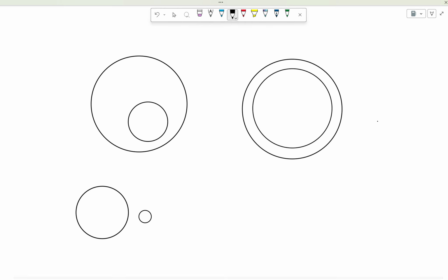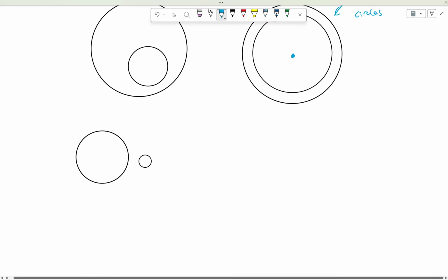Ah, there we go. Now, this one is fun. This guy shares the same center, and this is what we call concentric circles, with the same center. And of course, these ones have 0 points of intersection.